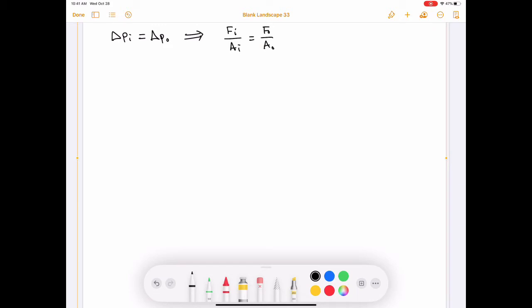So if we want to solve for Fi, because we want to know the input force in this case, that's going to be Ai divided by Ao times Fo. Okay, so we actually know something about the output force.